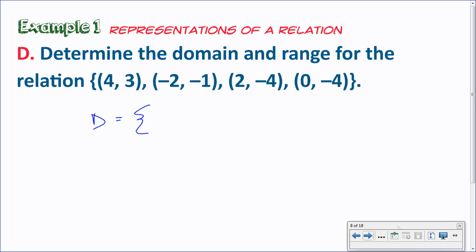Anybody know what that's called? Subset symbol. It's a subset symbol. And then I'm going to list my what? All my x coordinates. Here's the trick though. It has to go from low to what? High. It has to go from low to high.